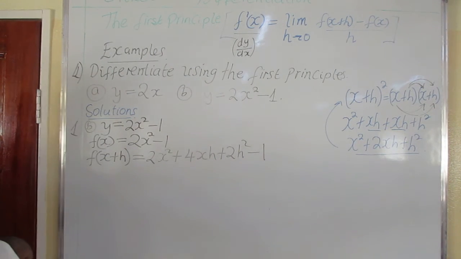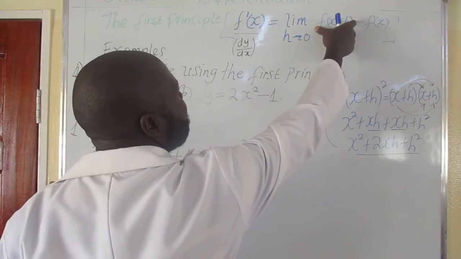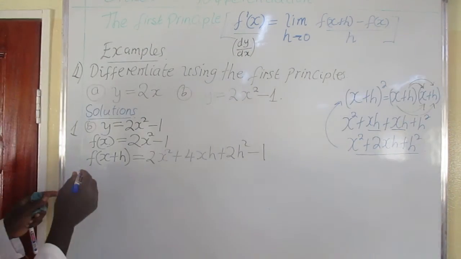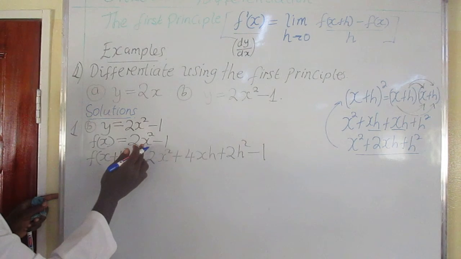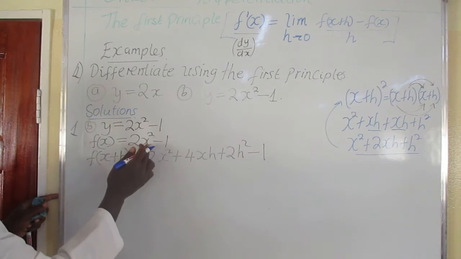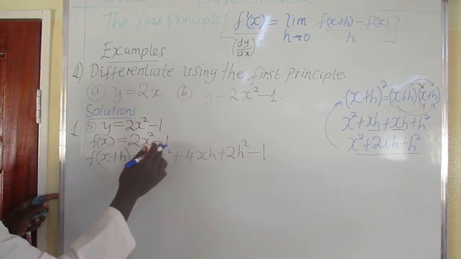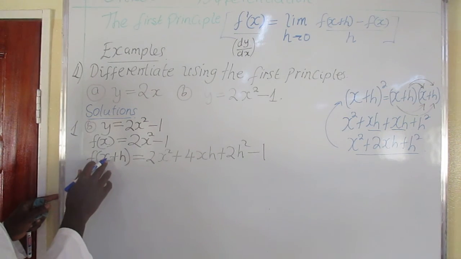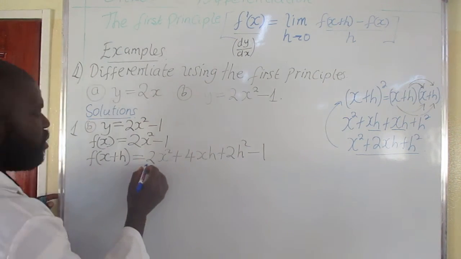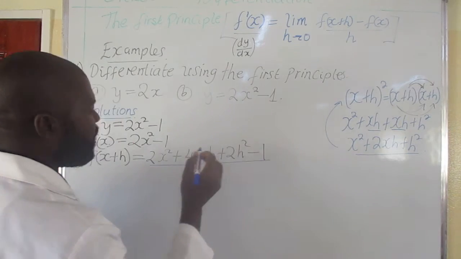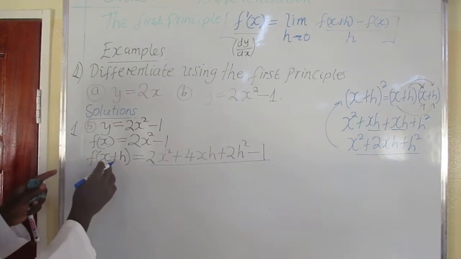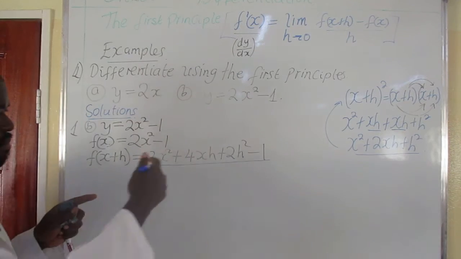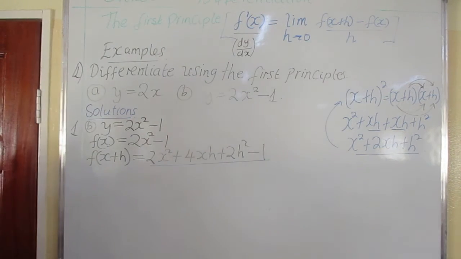So in the formula you can see we have f(x plus h) and f(x). Where we have f(x), we are going to put the original function, which is 2x squared minus 1. And where we have f(x plus h), we are going to put in this expression, which you get by going through what we went through.